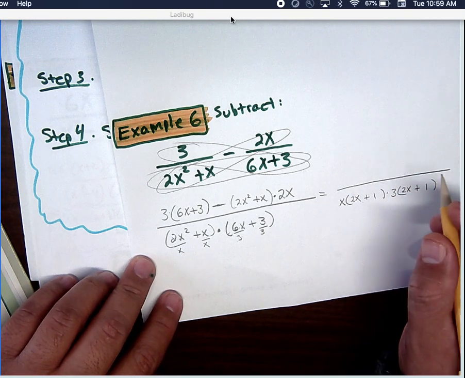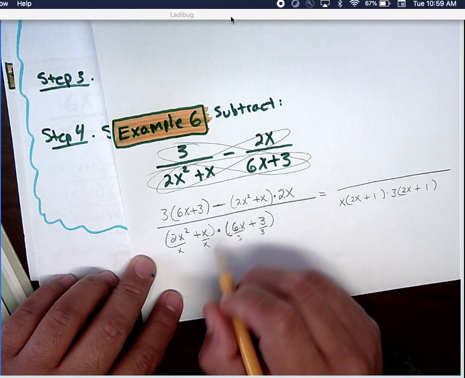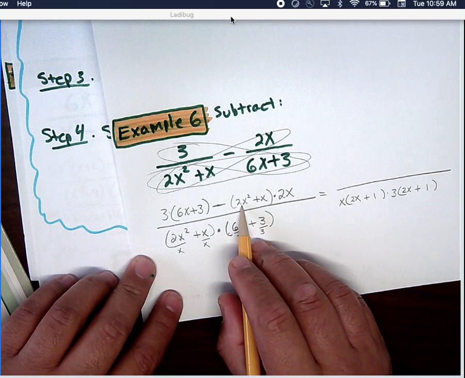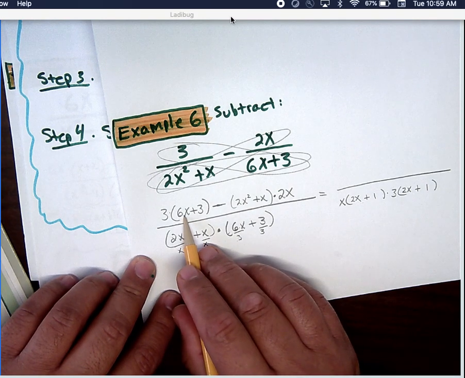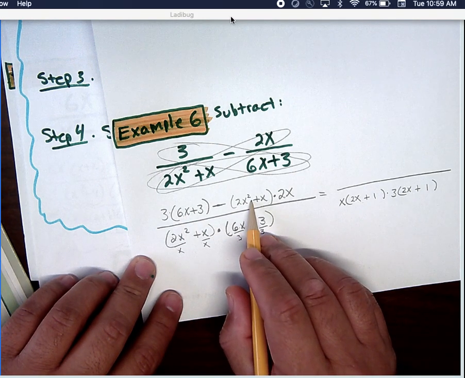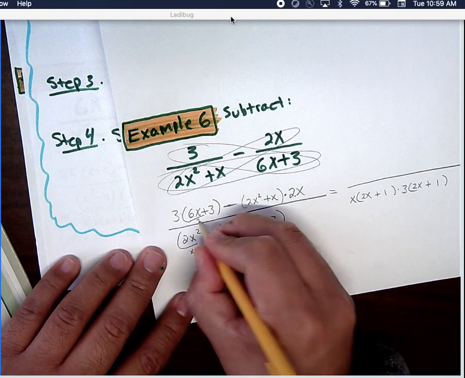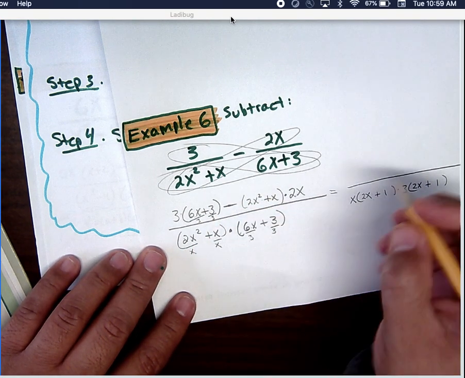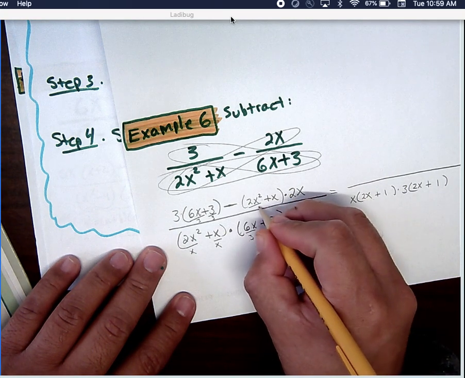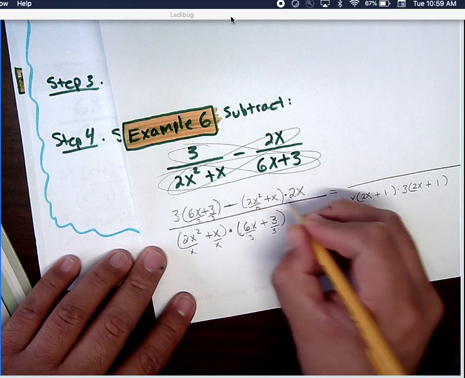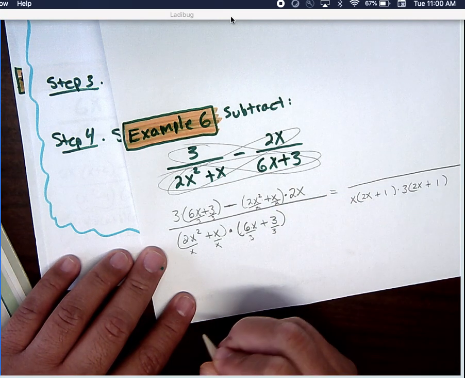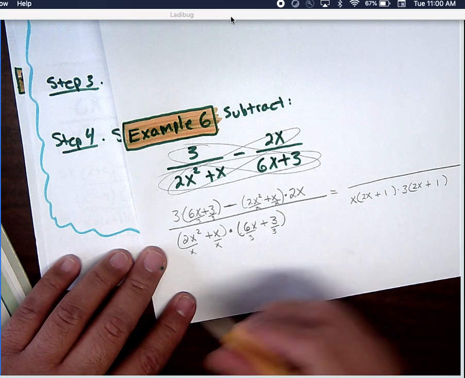So now let's do the top part. Let me think about this first. We can GCF the same thing here and here. Okay, so we can GCF 3 from this one. So this is going to be like the last one that I had an extra step. This one I'm going to make sure I don't have that extra step. We can GCF an x from this one.